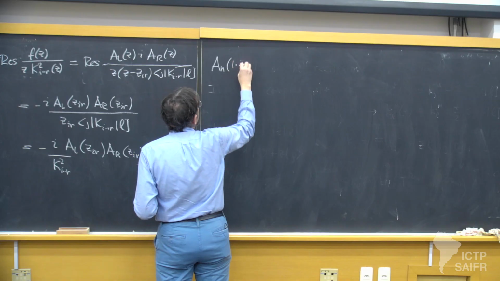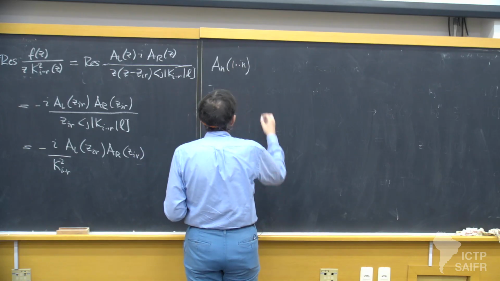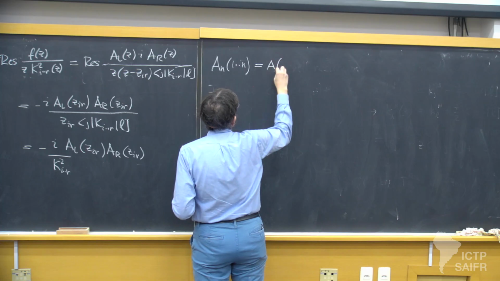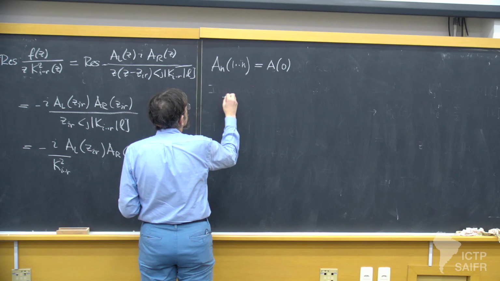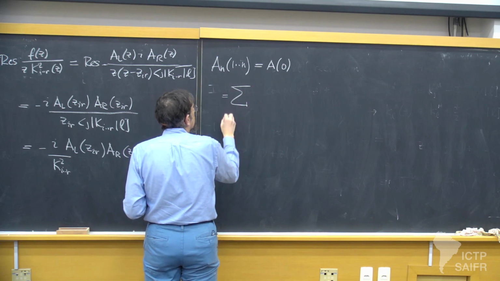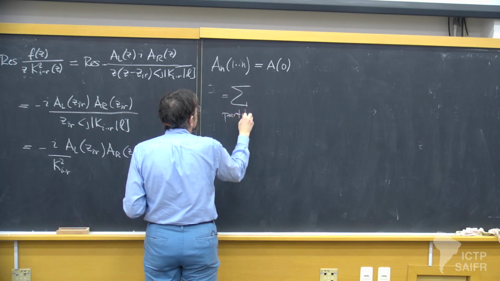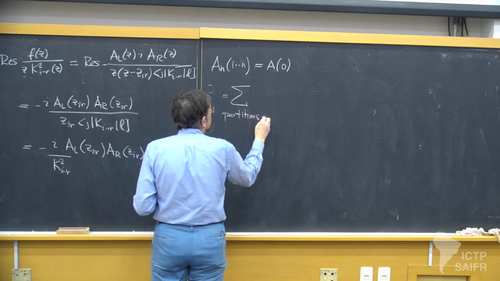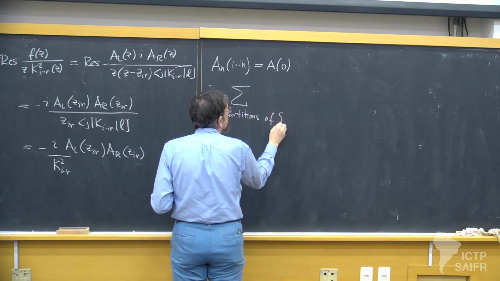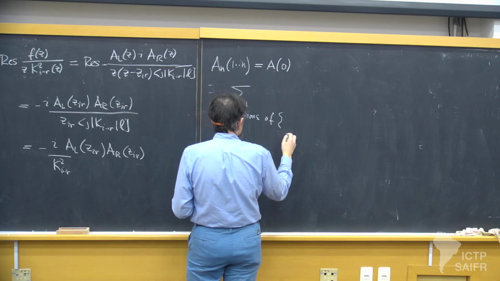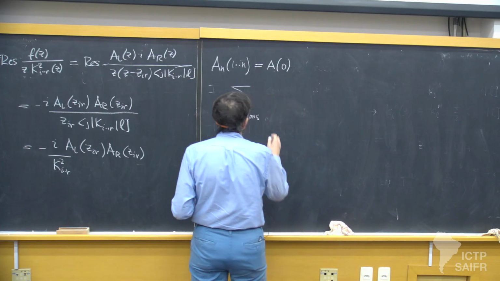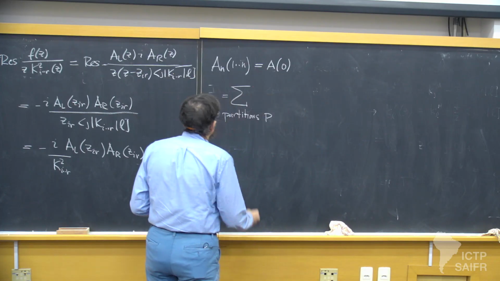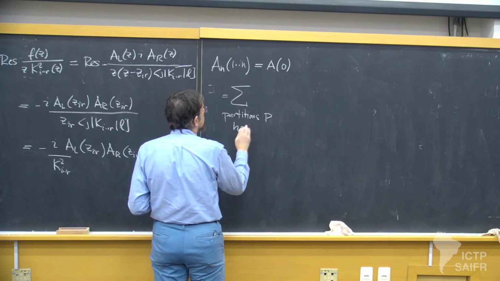So our color-ordered amplitude is just A_0, of course, and that is going to equal the sum over partitions, let me just write it as partitions P. And we also have to sum over the helicities of the intermediate legs.